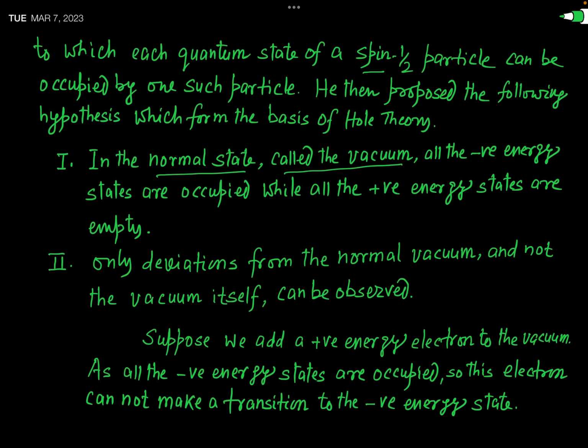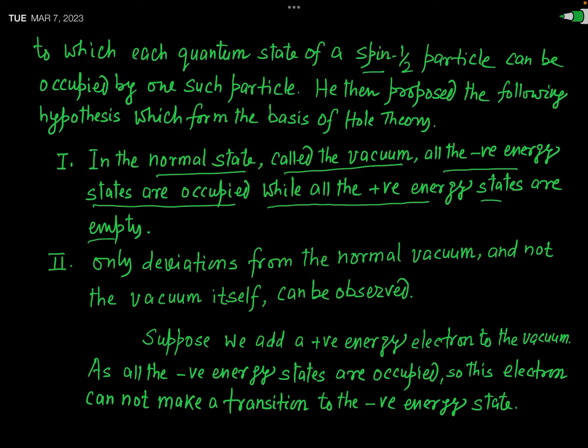So don't think vacuum in a literal meaning. Here the term vacuum has been used for the negative energy states. Okay. And according to Dirac's first postulate, in the normal state called the vacuum, all the negative energy states are occupied while all the positive energy states are empty.